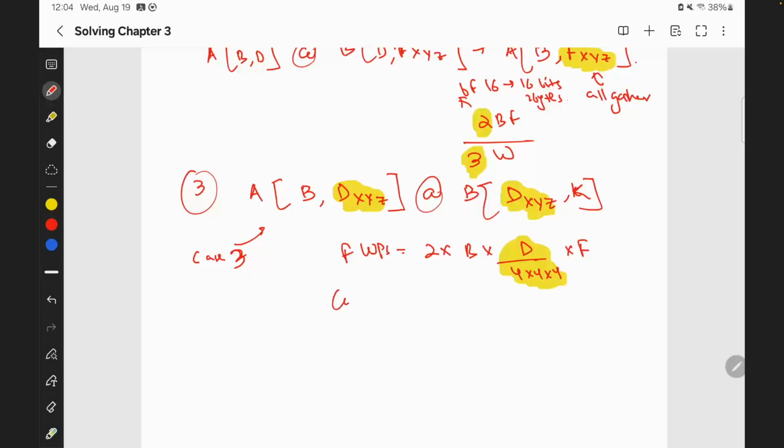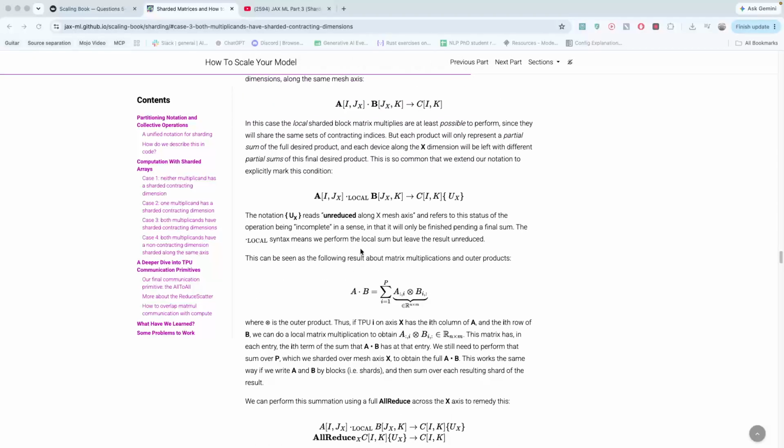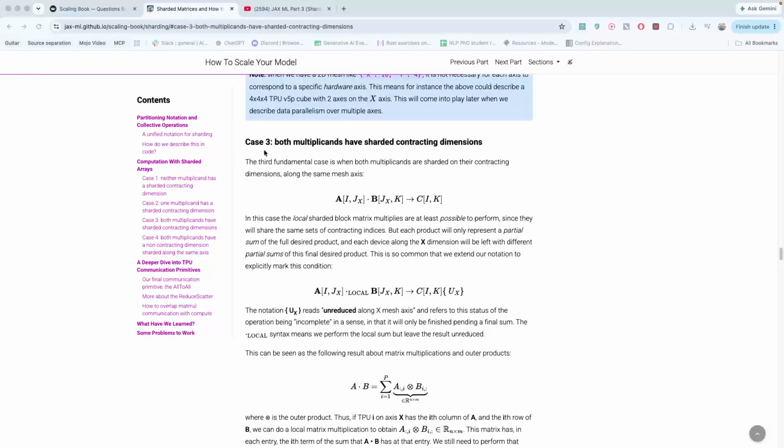If you come to comms now, if you remember, this question was derived from case 3, where both multiplicands have sharded contracting dimensions.